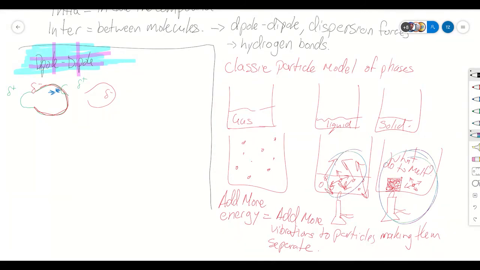Yeah, so it makes it harder to vibrate. Like if you hold everything really tightly together, it's really hard to make them separate from each other. If you have something that's non-polar, is there anything really attracting the non-polar things together? Is there any electrostatic forces between them for non-polar molecules?